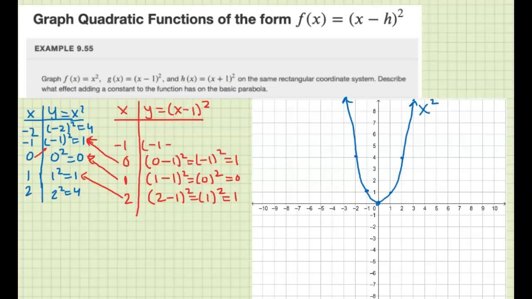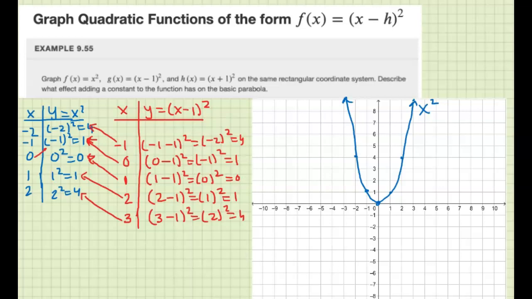I get (negative 1 minus 1) squared, negative 2 squared equals 4, and so that's that value. Instead of going to negative 2, because the values are going to get too big, I'm going to add more on this side. So I'm going to have 3. (3 minus 1) squared is 2 squared, which is 4. So that corresponds to this one. It looks like the x value shifted by 1.